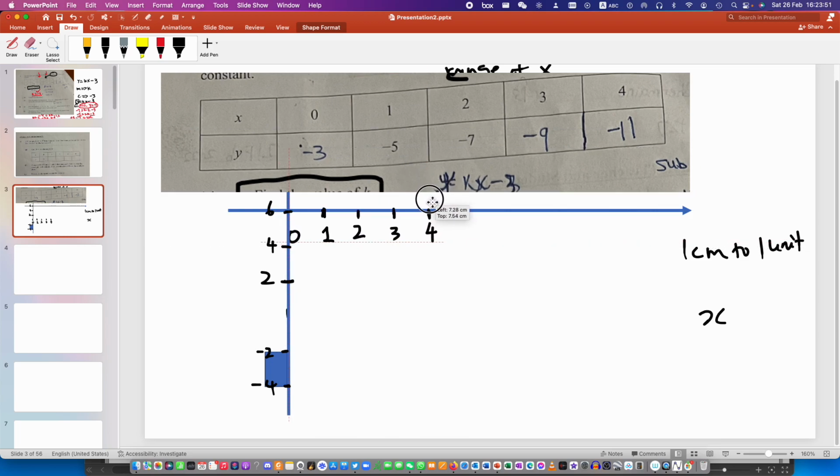I don't need the positive values, so I just move up. Instead of 6 here, 4 here, 2 here, you know what I'm going to do?